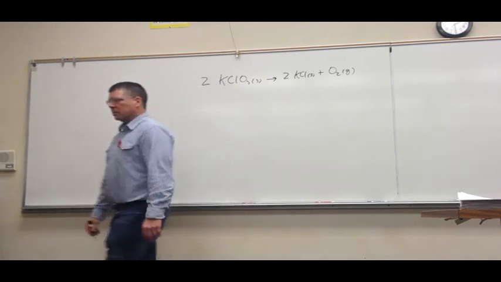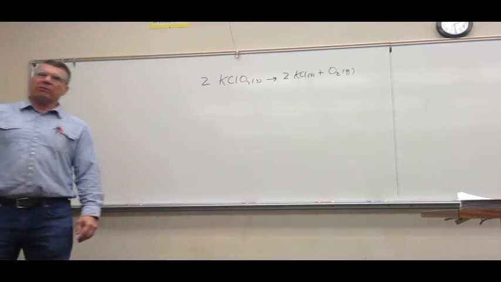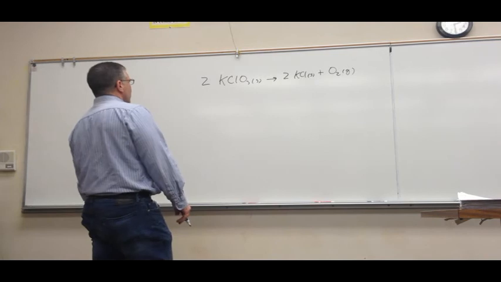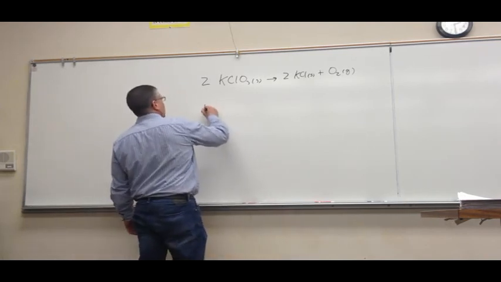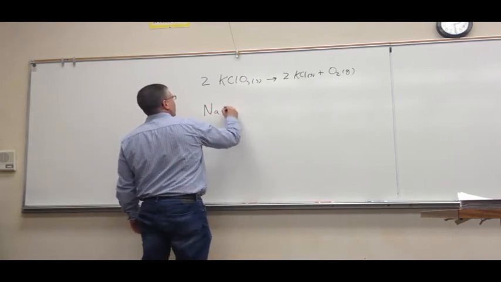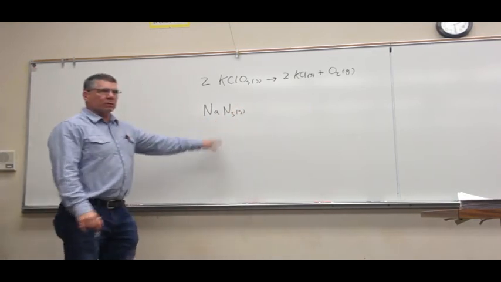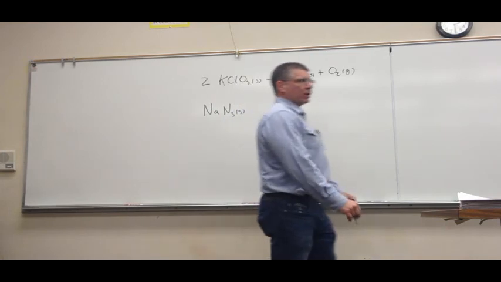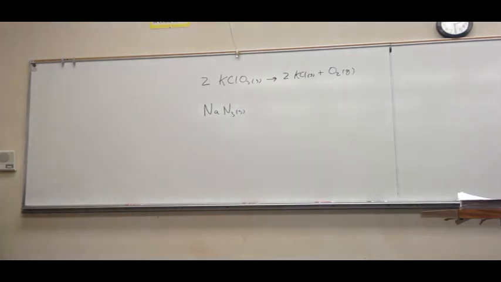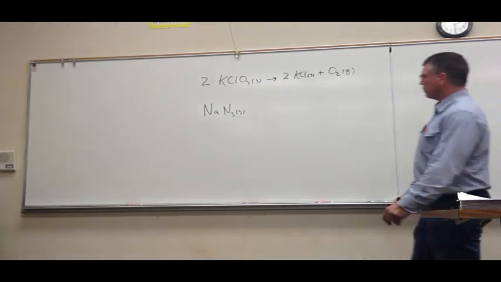This one is used in the lab sometimes to generate oxygen. This is called sodium azide, and when it breaks apart, it makes nitrogen gas. It's a solid. It makes nitrogen gas and sodium.